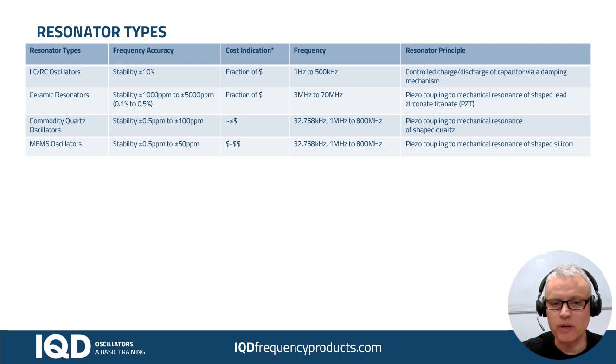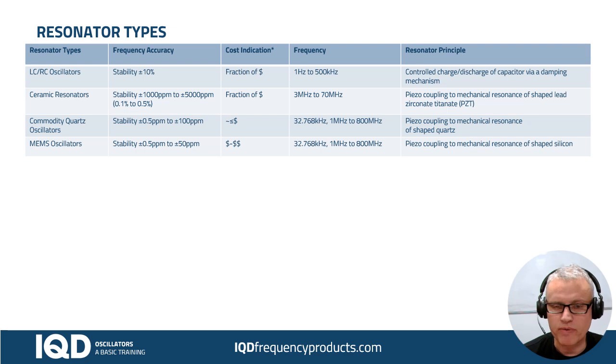That's not the only form of resonator. These days there's also a new resonator on the market known as a MEMS oscillator. MEMS oscillators have stabilities and frequency ranges which are very comparable to commodity quartz oscillators, and that would be because when they first came into the market they were looking to be a parallel product to the quartz oscillators, so that was their target, to hit the similar spec.